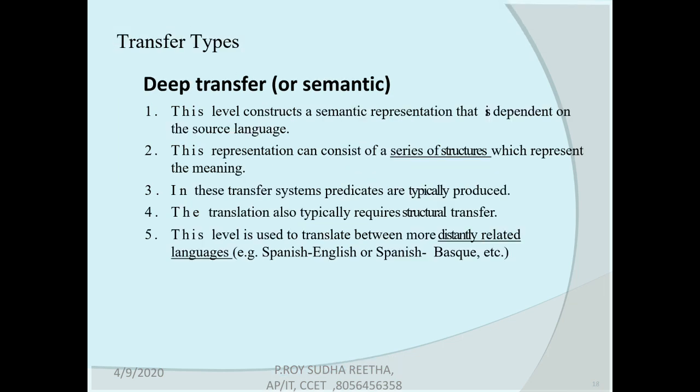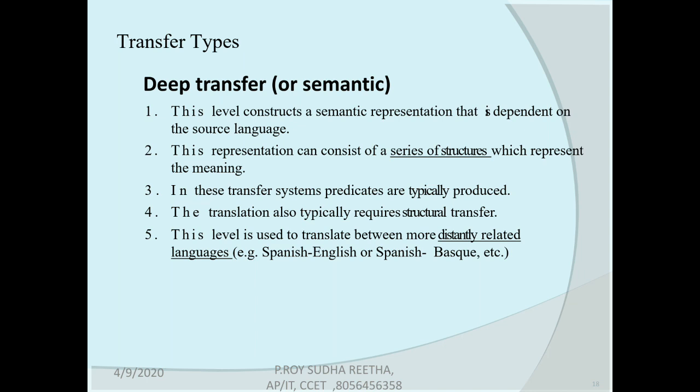The second transfer type we are going to see is deep transfer or semantic transfer. Semantic transfer is a second way beyond the syntactic analysis. Here the semantic representation depends on the source language.